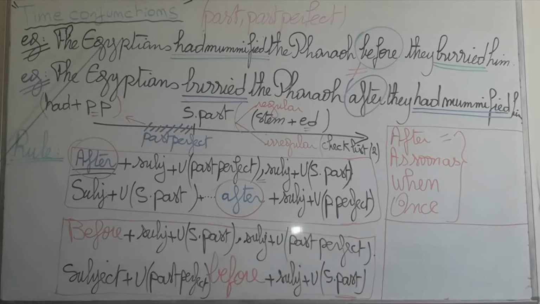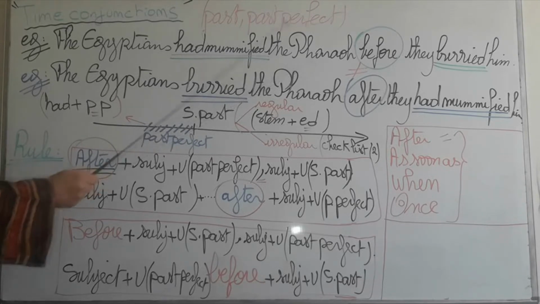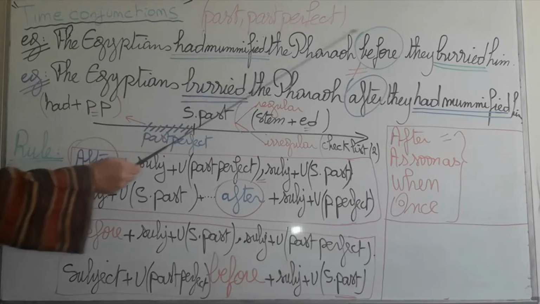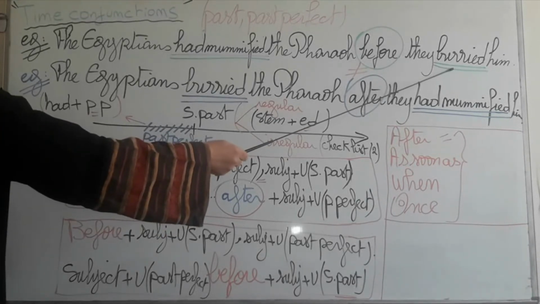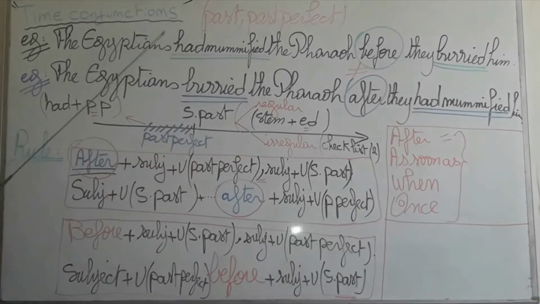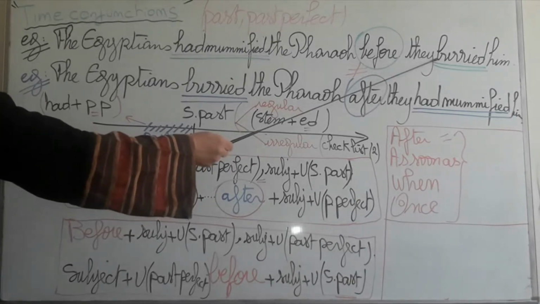when we say the Egyptians had mummified, the verb to mummify اللي هو يحنط. So, mummified the pharaoh, حنطوا الفرعون before قبل they buried him قبل ما يدفنوه. Of course يا جماعة في ال Egyptian civilizations الفيرو تاعهم يحنطوا السر ومن بعد يدفنوه.